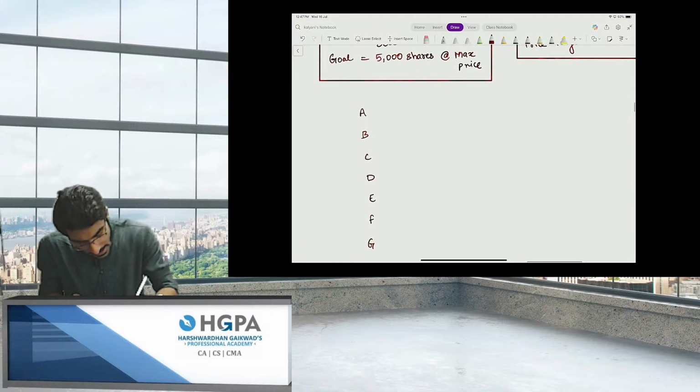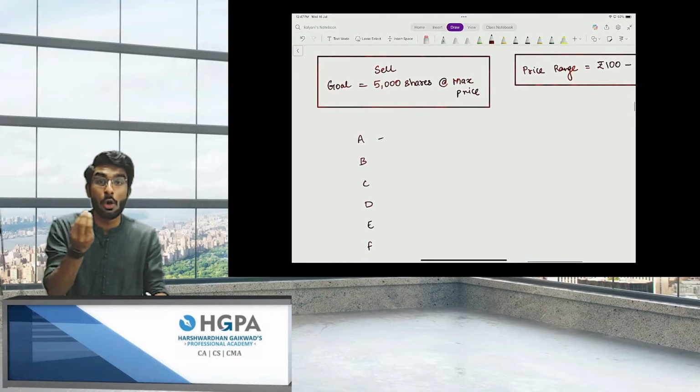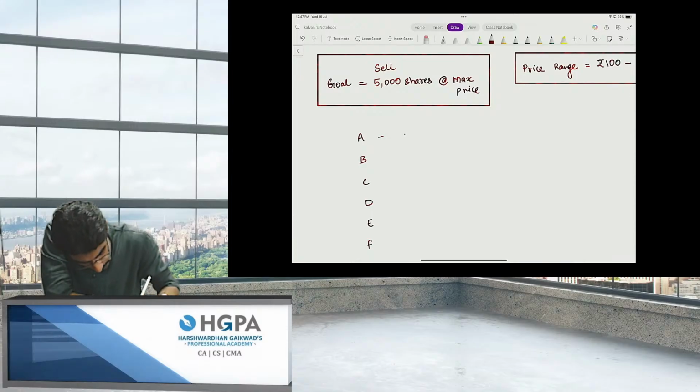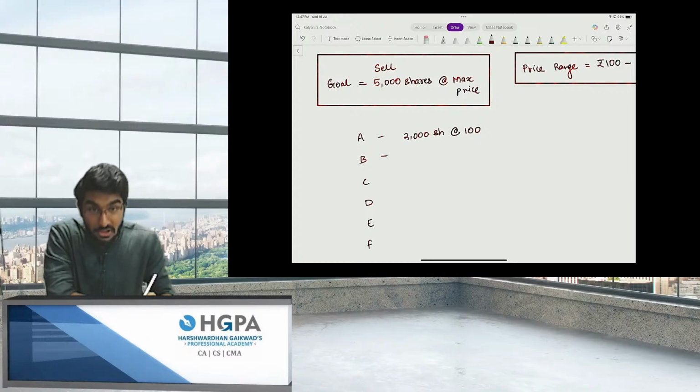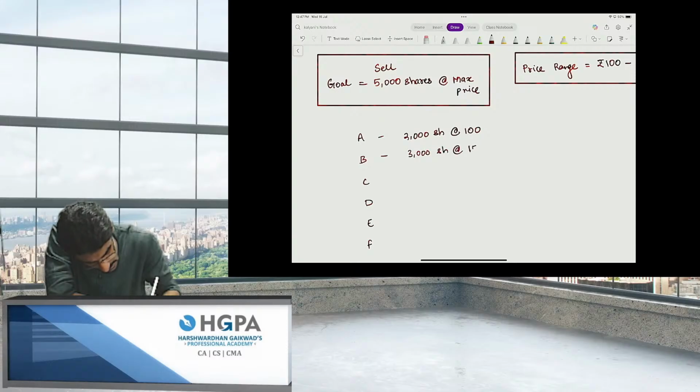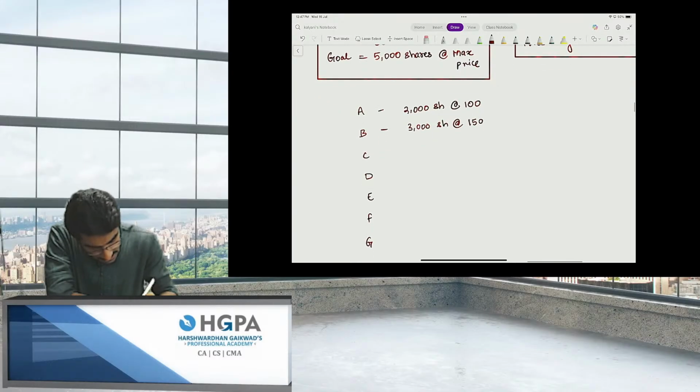Now A is saying that I want to purchase 2000 shares at rupees 100. But B says I want to purchase 3000 shares at rupees 150. C says I want to purchase 1000 shares at rupees 500.